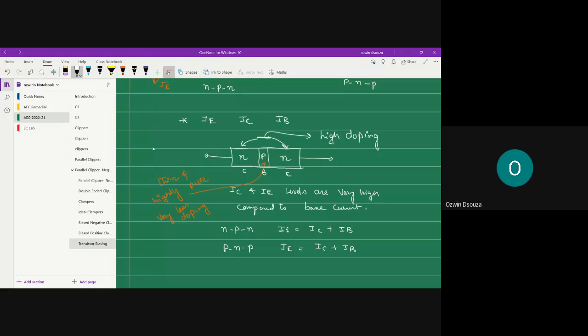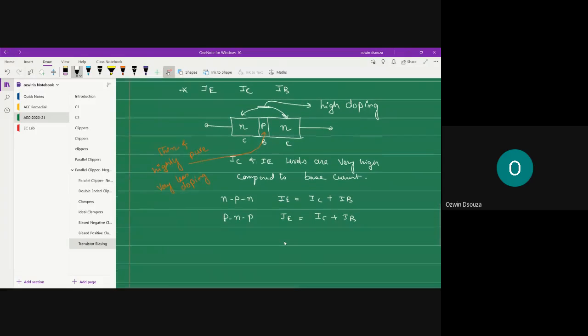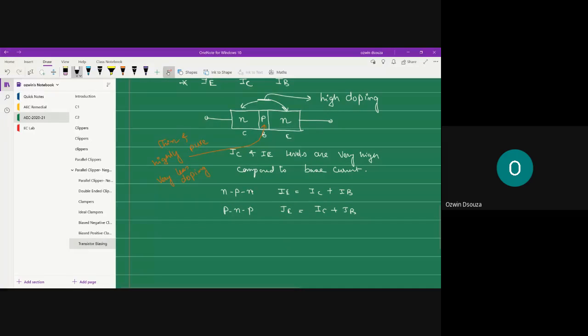So in analog electronics, the usual range for emitter and collector current is in the range of milliamperes. On the other hand, the base current, normally you will find it in the range of microamperes.